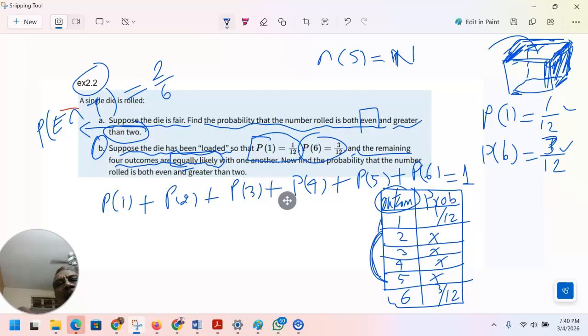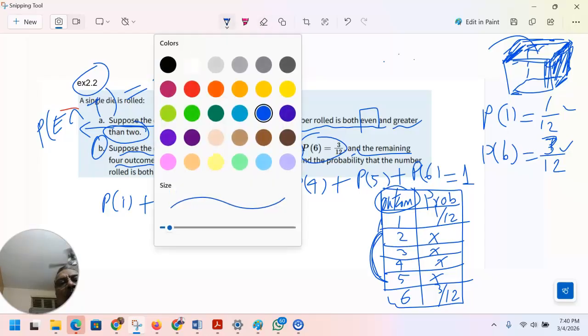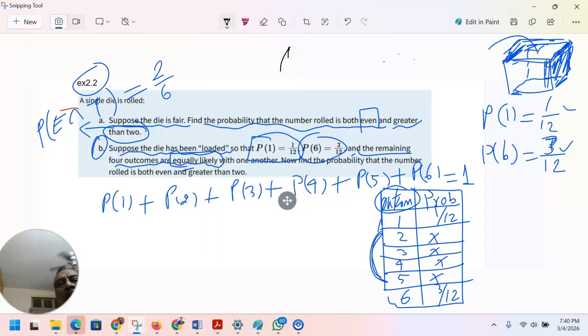For example, if you get confused, let me give an example of tossing a coin. When you toss a coin, head or tail can occur, right? So the sample space is head and tail. If I write the probability of each one of them, what is the probability that it's going to be head?